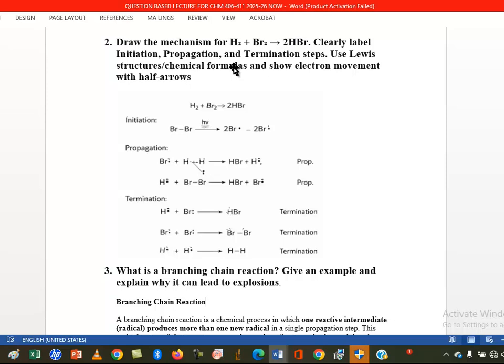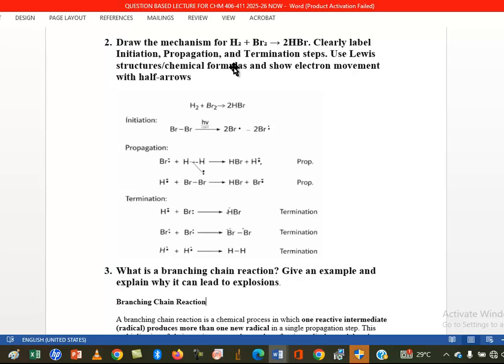So you need to draw the arrow down there, so you can see the electron moving to this side. It means it is this H that binds to the Br to give us HBr, while the electron moves here, this becomes electron rich, and it forms a radical. So you can see a radical formed here. This is propagation 1.